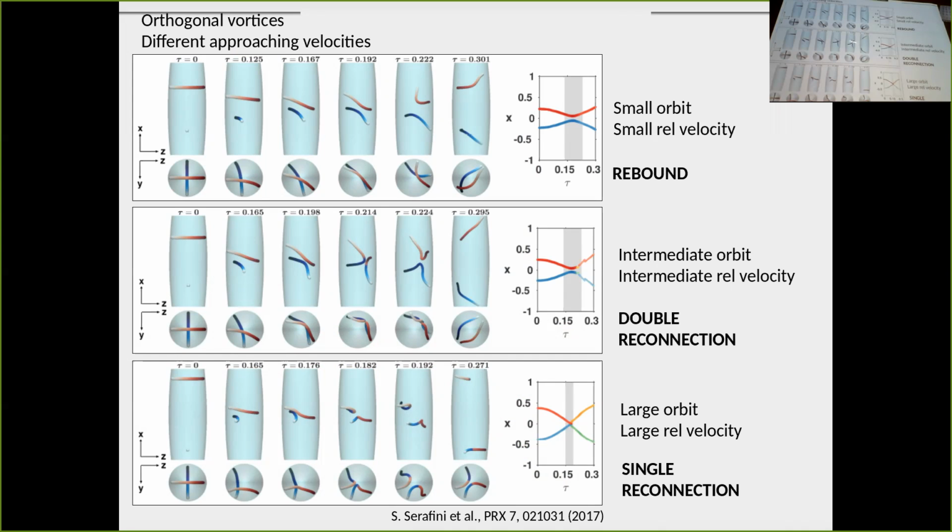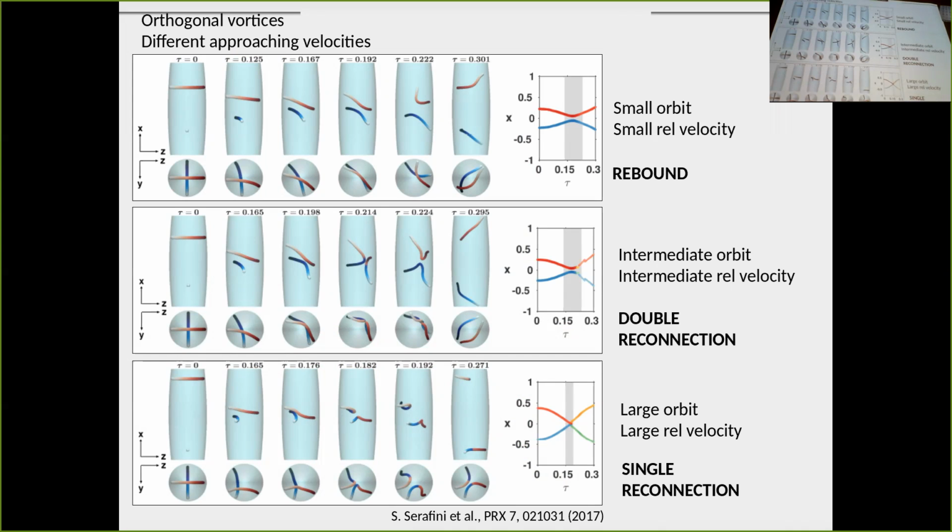On the other hand, if the relative velocity increases, we will have a more complicated situation where reconnection can happen, for instance, like here, once or twice.